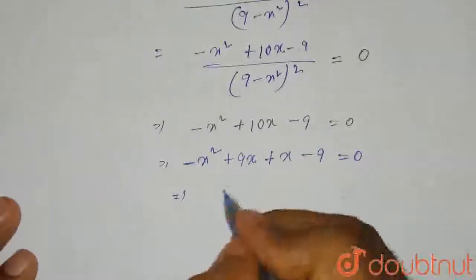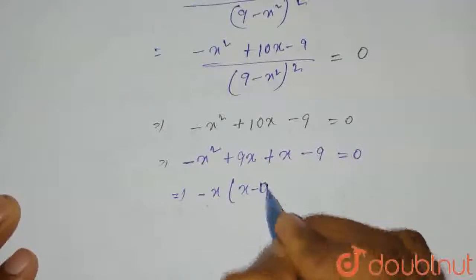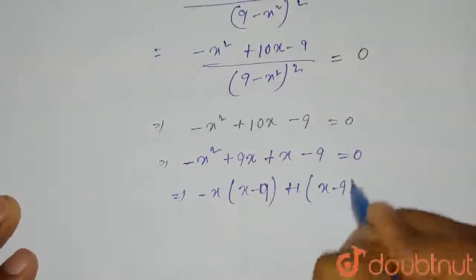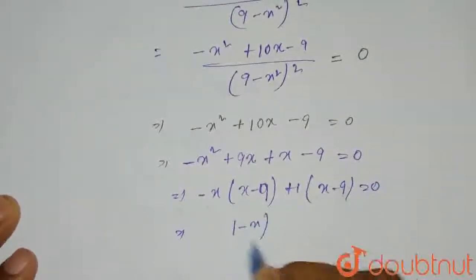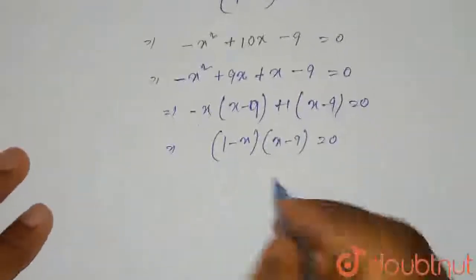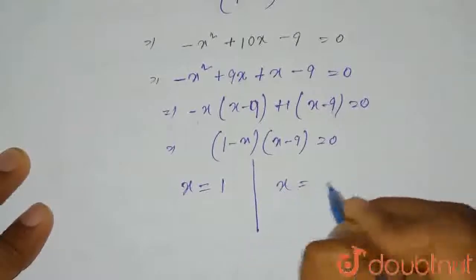If we take minus x common, it will be x minus 9, and if we take plus 1 common, it will be x minus 9 again. So it will be (1 minus x) multiplied by (x minus 9) equals 0. So we get two values of x: from the first one, x equals 1, and from the second one, x equals 9.